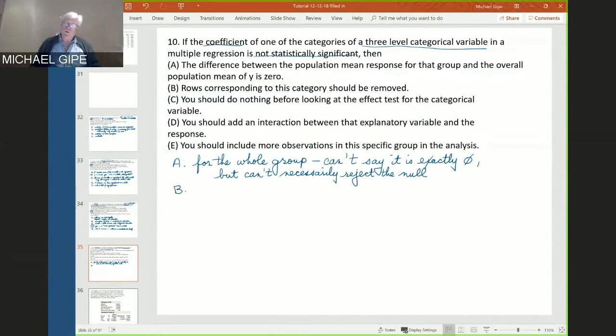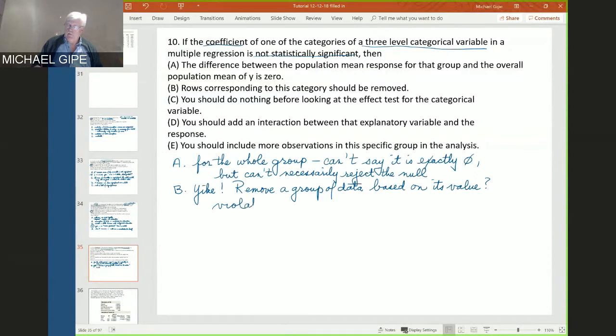So it's not exactly 0, so we'll throw that answer away. How about rows corresponding to this category should be removed? Yikes. Should we ever remove a group of data based on its value? Essentially, you are violating the randomness of a sample.